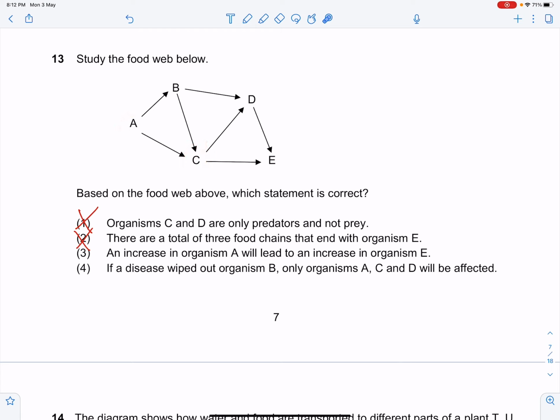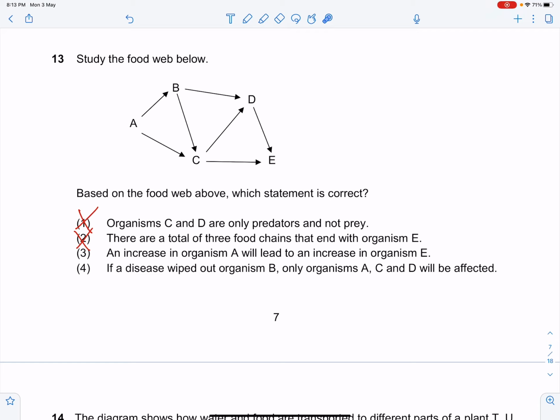If the C population goes up, E will have more food since E feeds on C. Not only that, A is also fed by B, which is eaten by D, which is also eaten by E. So generally, A is the producer. If A goes up, everything goes up because there is more food. But let's check to see if there's a conflict.